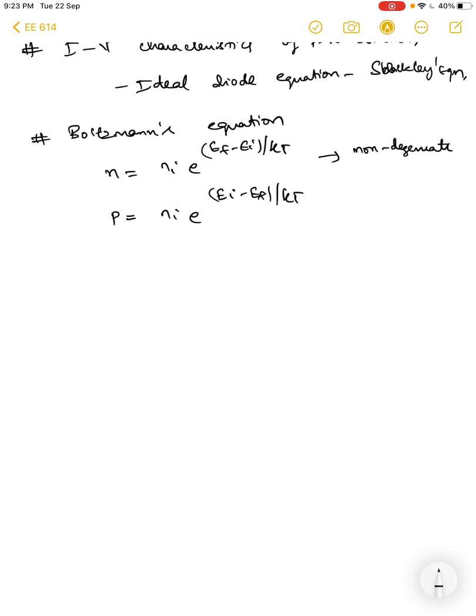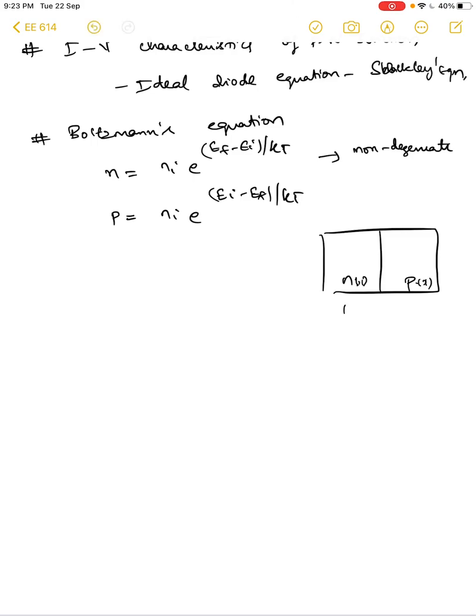by kT. Right? The thing about this equation is that it is true everywhere. I take a semiconducting material, I have an n-type and a p-type semiconductor. The n concentration and the p concentration at any point throughout the semiconductor, so you have p of x here, n of x here, can all be represented by two different numbers.